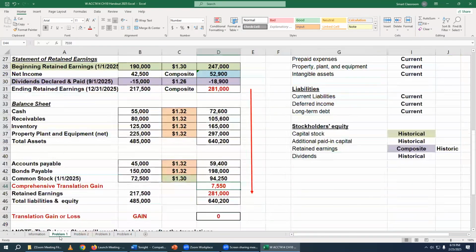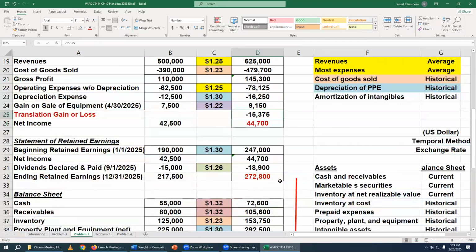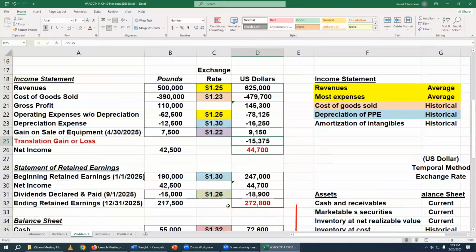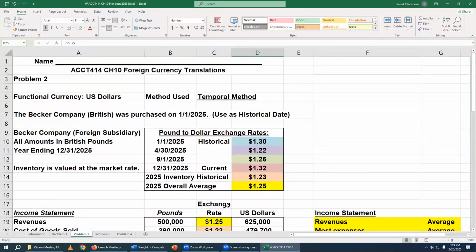Whereas down here, it's not like cash going out or coming in. It's more like an adjustment for the different values of the currency, but it's not necessarily any permanent difference. All right. So this is the temporal method.